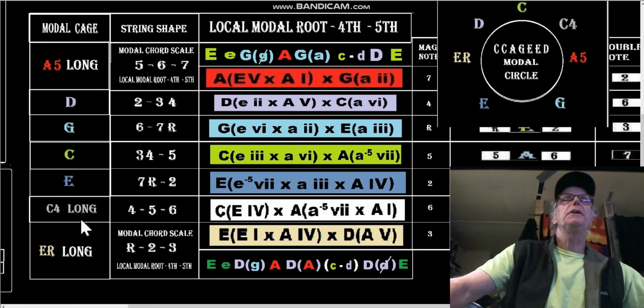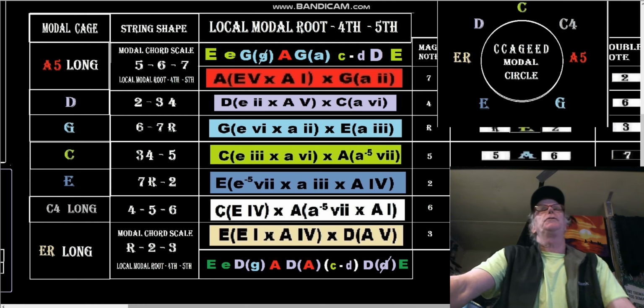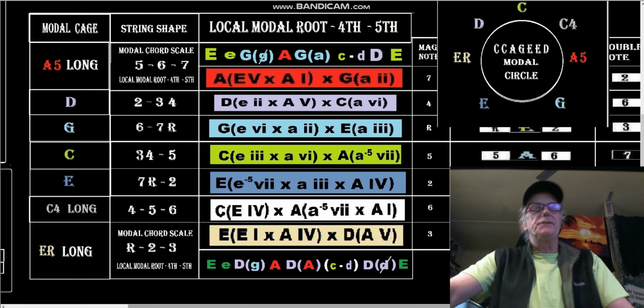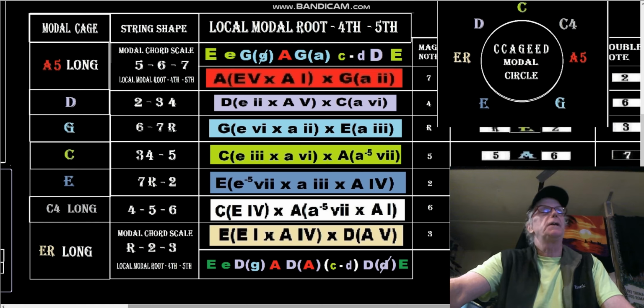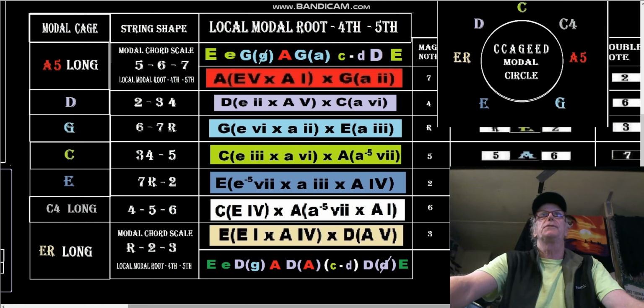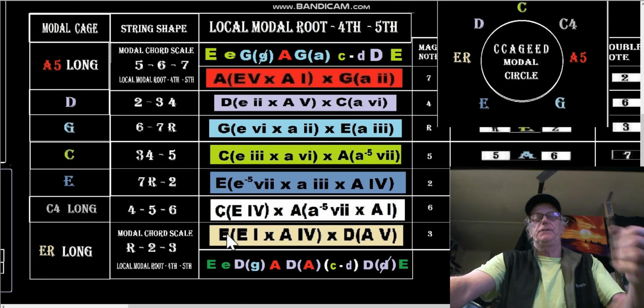But in this particular diagram with the modals, I found we better stay on the safe side, and I ran out of time on the segment before to explain this. The root long pattern, root 2, 3, happens to be a 1, 4, 5. So here we've got E-shaped 1 in the E cage, A-shaped 4, the fourth of E is A.